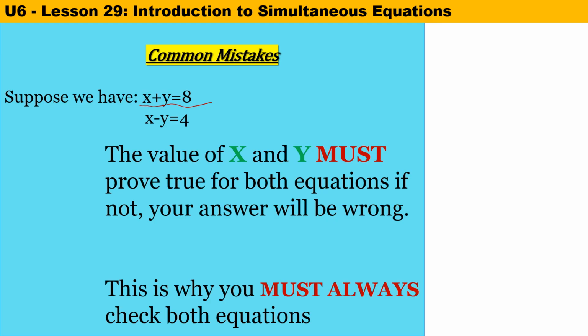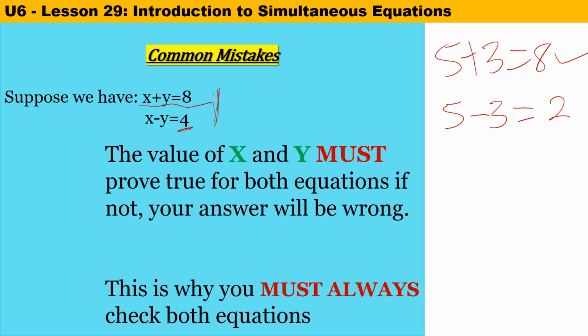So let's say you have 5 plus 3 equal 8. For equation 1, this is correct. But when you use 5 minus 3 equal, it doesn't equal 4. It equals 2. That means it does not satisfy both equations. So that will not work. So whatever value you find, it must satisfy the outcome of both equations.